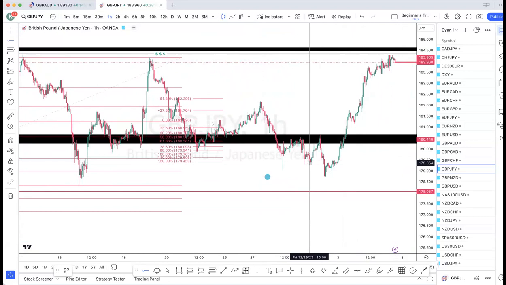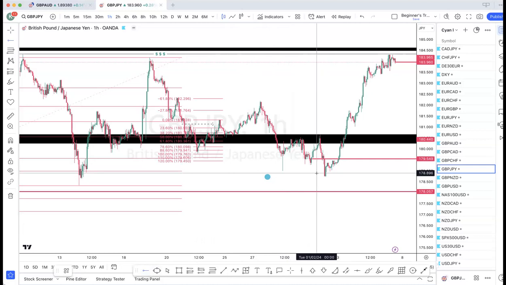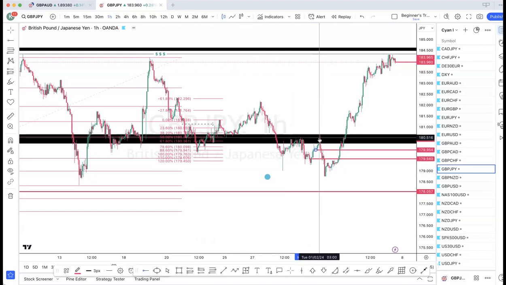Okay. Here we go. Friday. And it wouldn't be Sunday, it would be Monday and Tuesday. So Monday, 1700 price open here. And then Tuesday, midnight price was open here. So price was bullish.